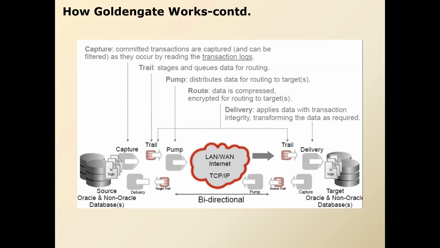It is very important, first of all, to learn the architecture and the setup of GoldenGate before you can learn troubleshooting. Troubleshooting GoldenGate is very easy, let me tell you. But first you need to understand the architecture of GoldenGate and how you set it up. How do you create this extract? What is the source of this extract? How do you set up the pump process? How do you set up the Replicat process? All this is very important to learn before you can troubleshoot.